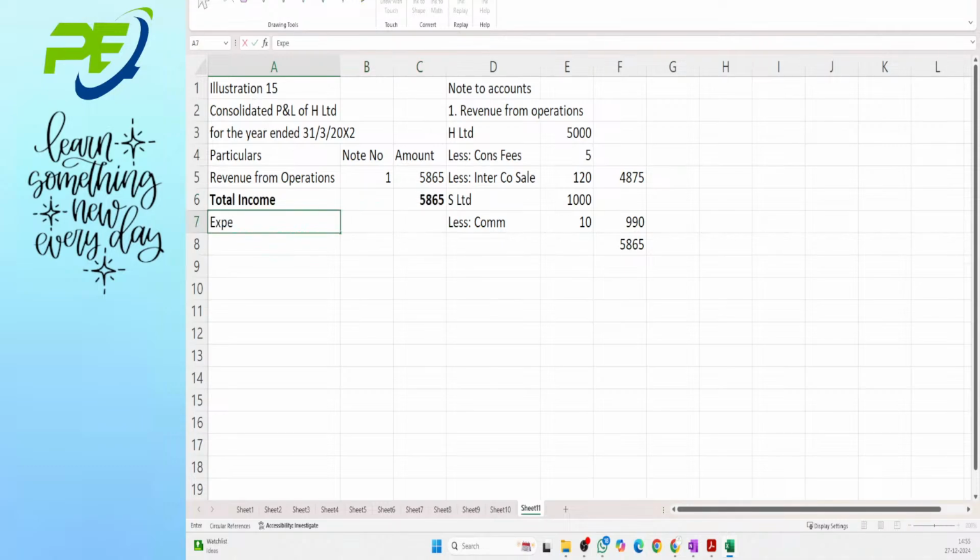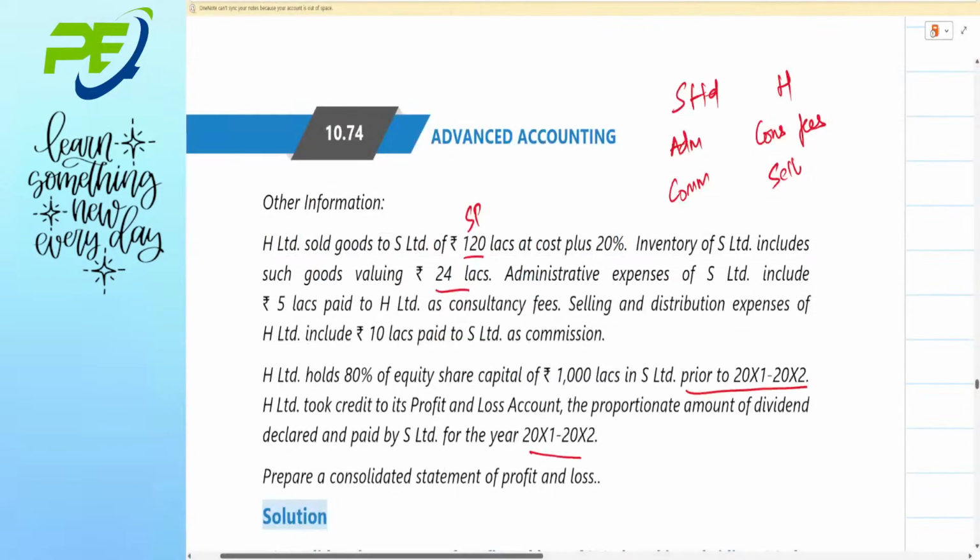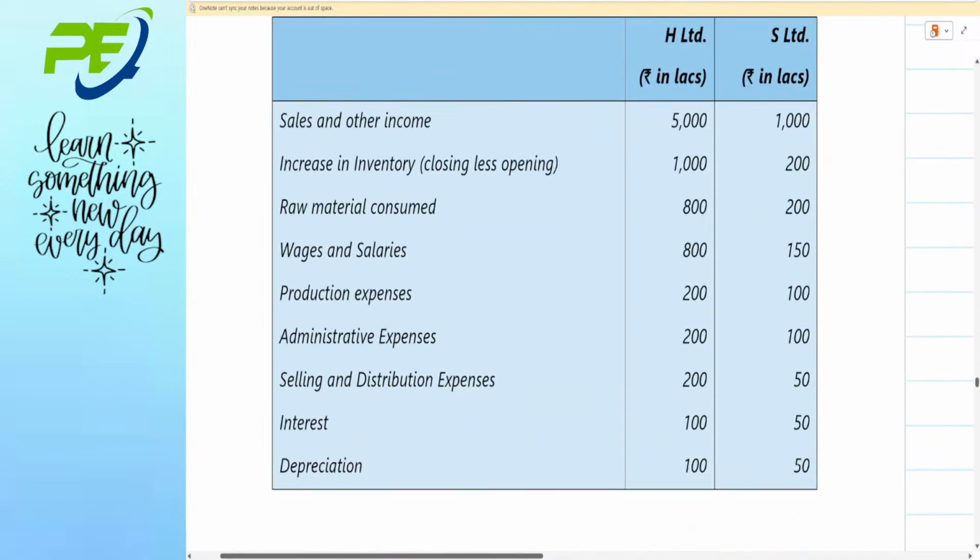Then we have expenses. Under expenses, first is cost of material consumed. Note number 2. Cost of materials consumed. Raw material consumed. 800, 200. Is there any adjustment?